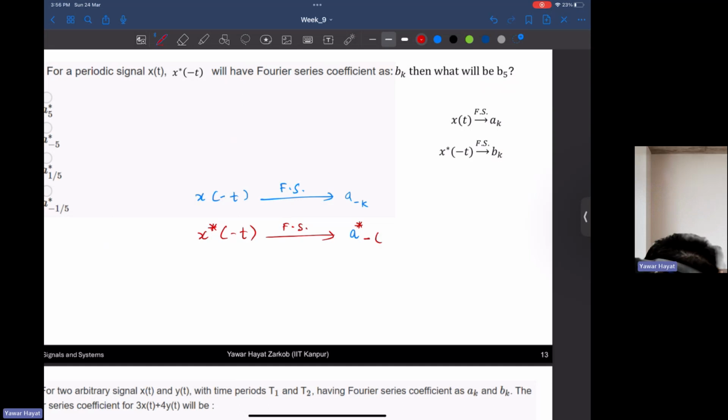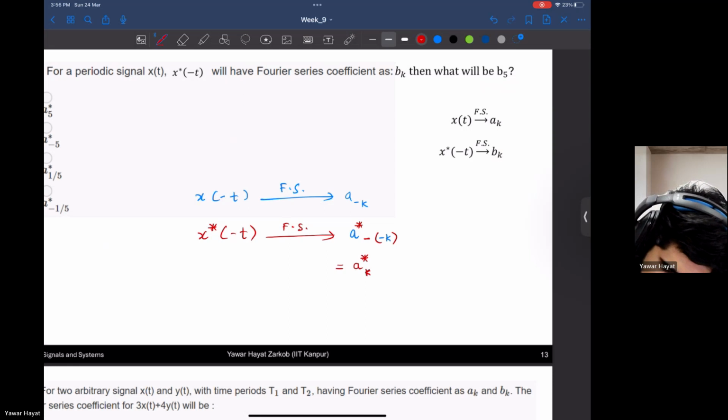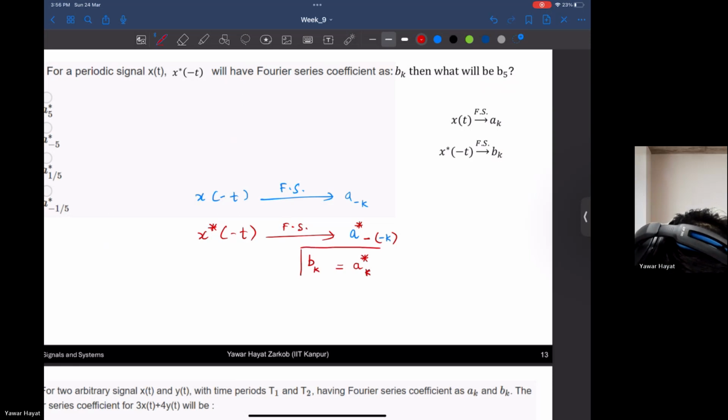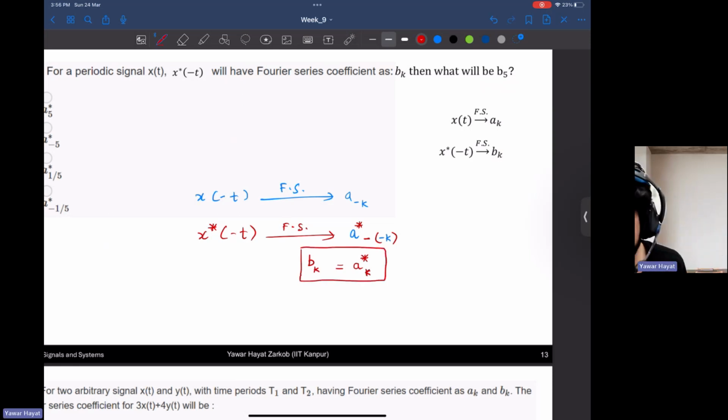So minus of this minus k, that is equal to a star of k, right? So my bk would be a star of k, complex conjugated Fourier series coefficients of ak.